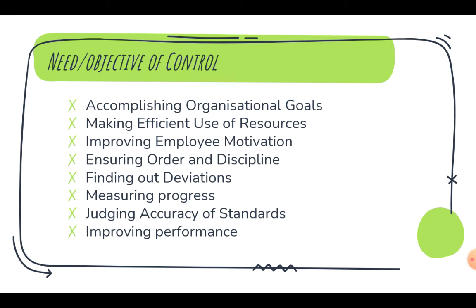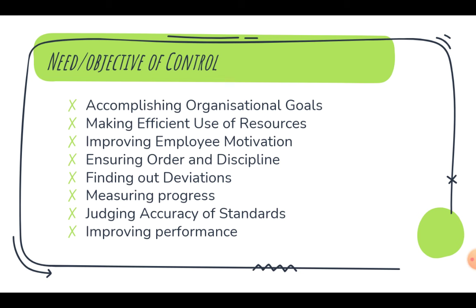And then we have point number 7, judging accuracy of standards, to ensure that while we're performing the work, we're being very accurate with the work. Okay, the manager compares the actual work performance along with the standards when he is carrying out the function of controlling. So in this situation, the manager will try to find out whether the laid down standards are more or less than the general standards, and in this case they'll need to be redefined.